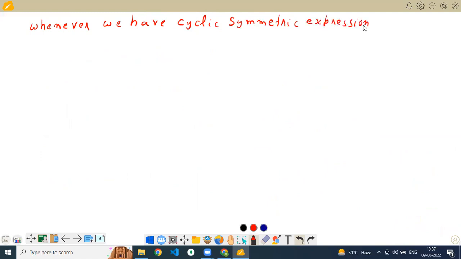Whenever we have a cyclic symmetric expression, what is a cyclic symmetric expression?